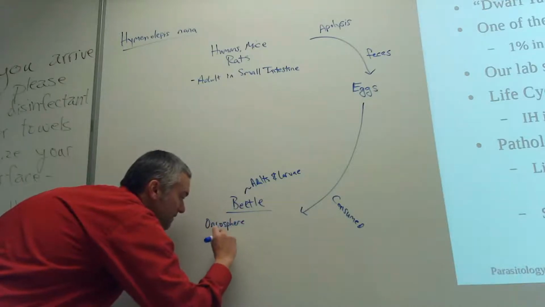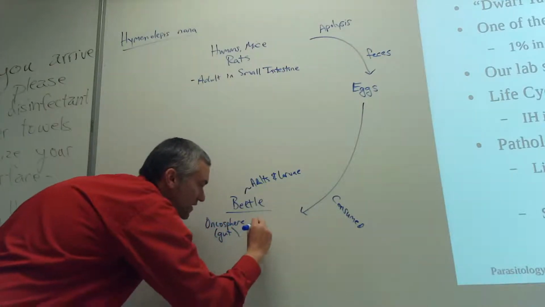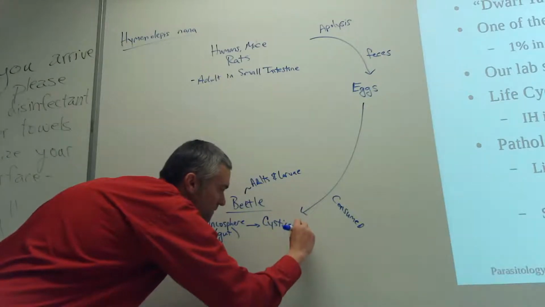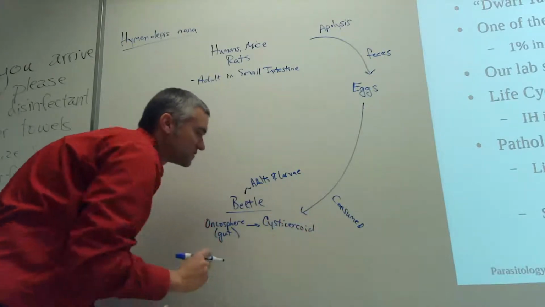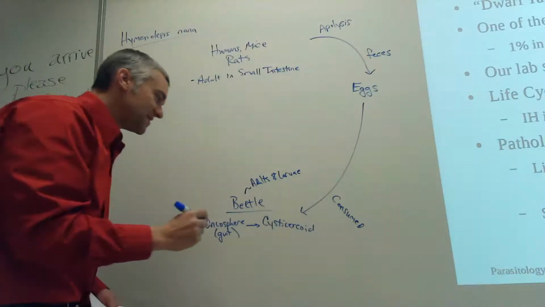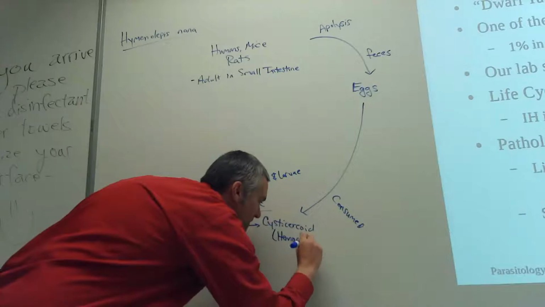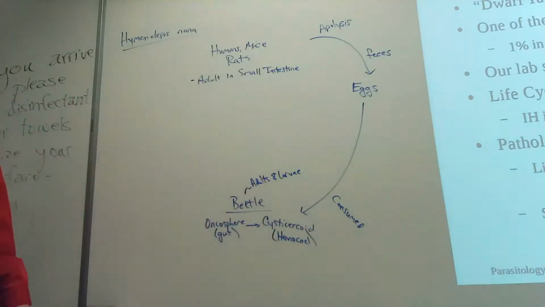That's in the gut, penetrates out, develops into our cysticercoid. Cysticercoid larvae, that is in the hemocoel of our insect, our arthropod host.